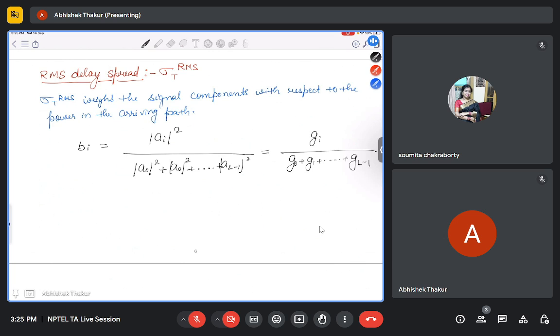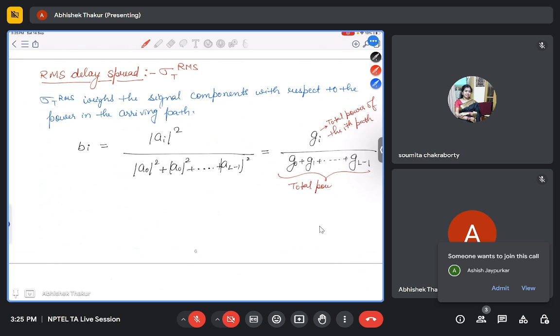Here Gi denotes the total power corresponding to the ith path, and this summation denotes the total power in the multipath power profile.